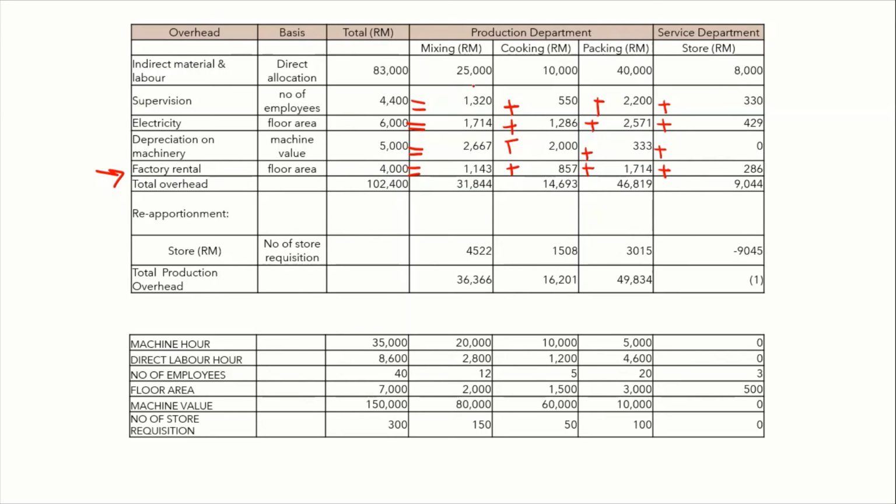After you sum up the columns, 31,800 is the total amount for the column. The same with the other column. You will add up each row and it will be the same, 102,400.